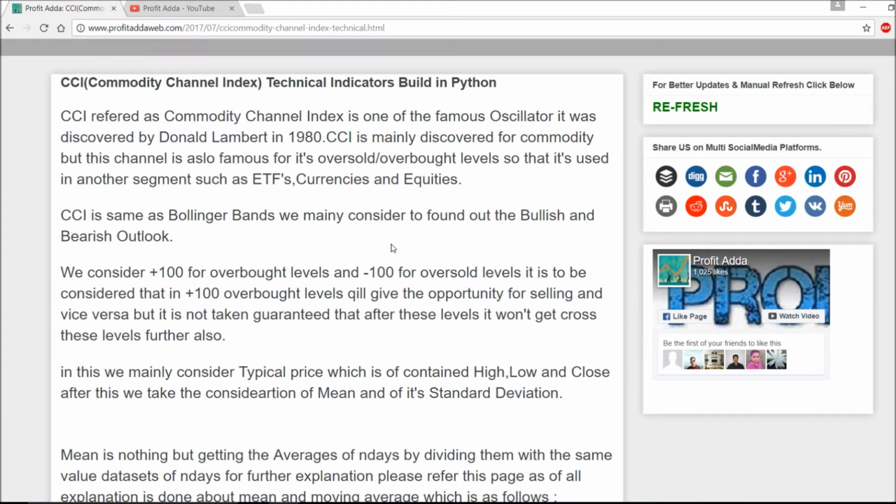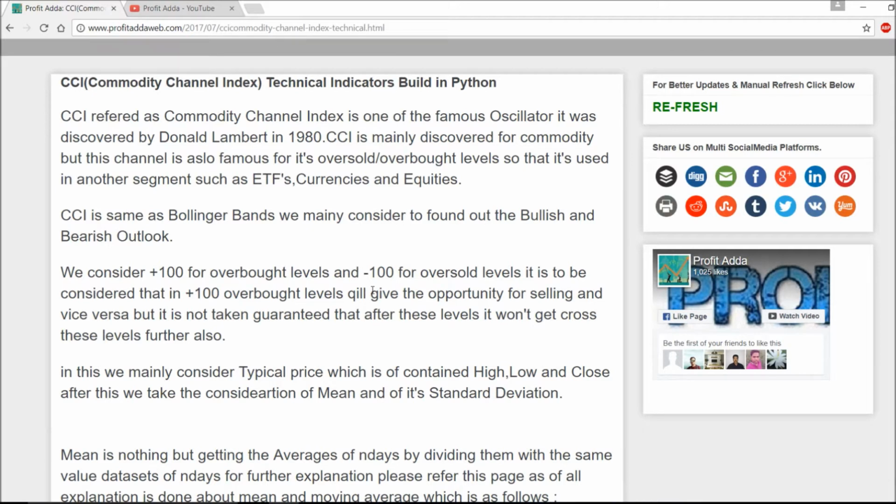It is similar to Bollinger Bands, used to find the bullish and bearish outlook. Here we mainly consider the plus 100 and minus 100 levels. If the line we are considering touches the plus 100 value, then definitely it is the overbought level.